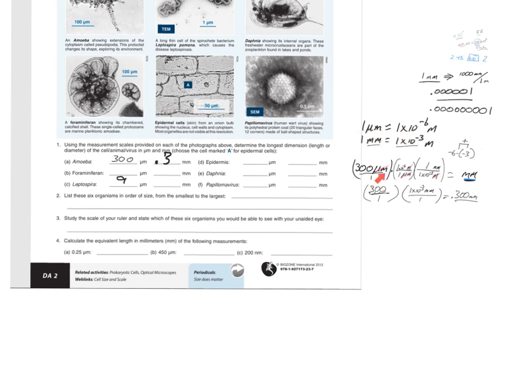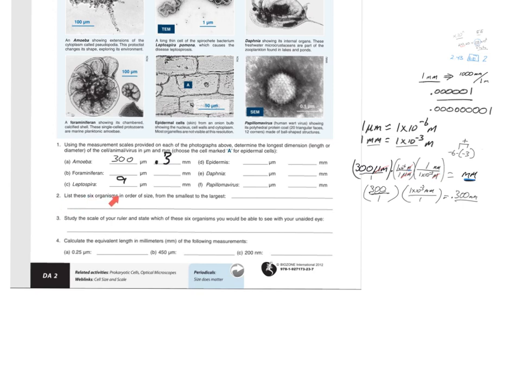Then you're going to have to set up your factor label method, convert, and get what you need at the end. So you have to be able to do that very soon. So start to practice it. Use this as practice for what you're going to need to be able to do in the near future.